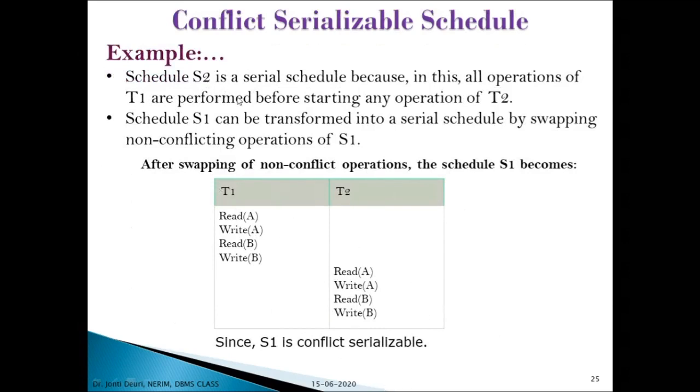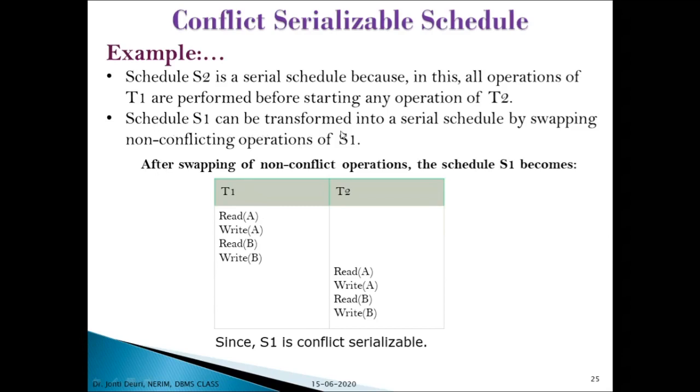Schedule S2 is a serial schedule because all the operations of T1 are performed before starting any operation of T2. T2's operations are done after finishing T1's operations only, right?